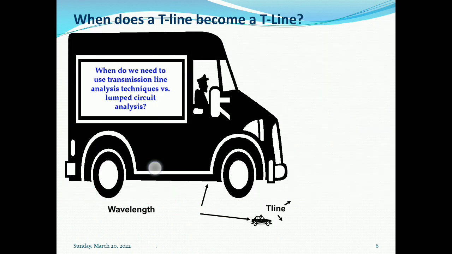When does the T line become a T line? When do we use transmission line analysis techniques versus lumped circuit analysis? Why do we prefer distributed circuit analysis over lumped circuit analysis?